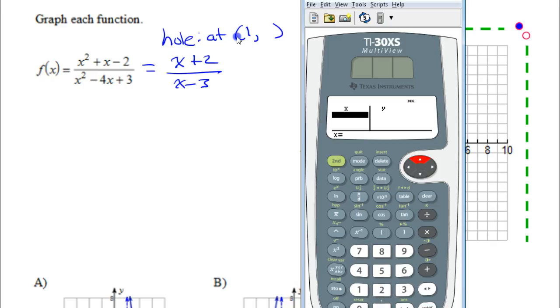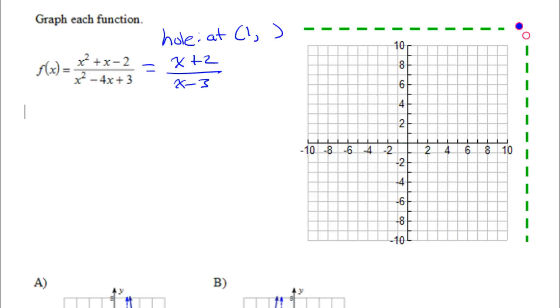So I want to know what's happening at 1. So I put in 1. So I've got negative 3 over 2. So that means I have a hole at 1 comma negative 3 over 2. Now, negative 3 over 2 is the same thing as negative 1.5.